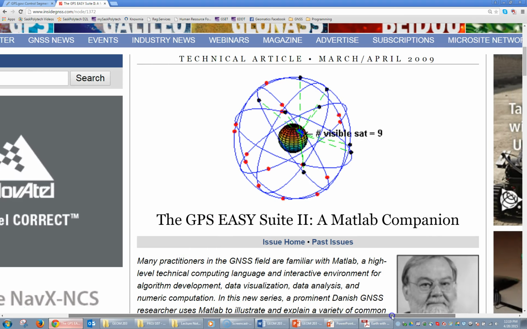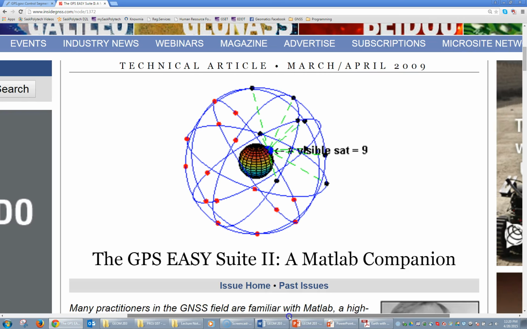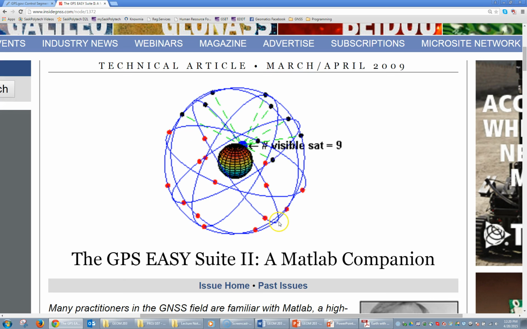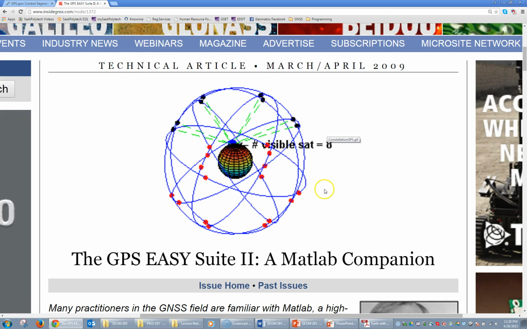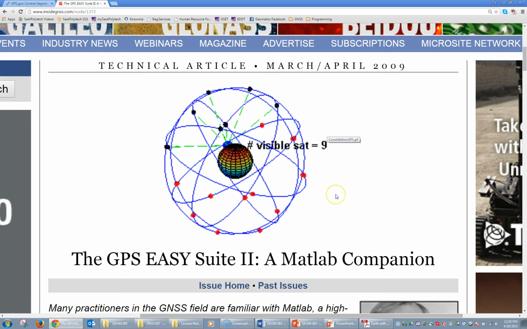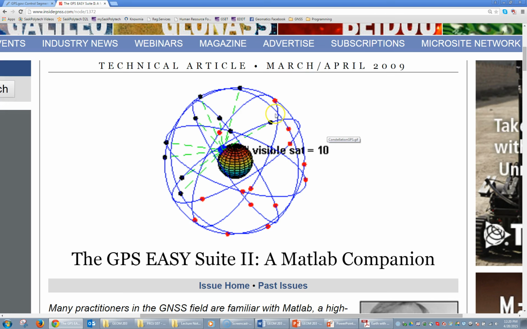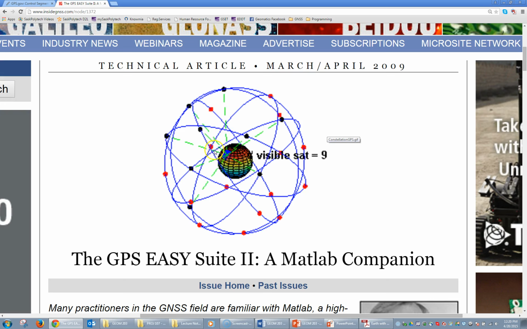I'm just going to zoom in a little bit on the webpage to show you. So the little dots here represent the satellites that are orbiting within their planes. Now I think this is maybe 24 if anyone wants to pause it and count the individual dots. But they've done a lot of work in this little animated GIF in that the colors of the satellites change when they're utilized.